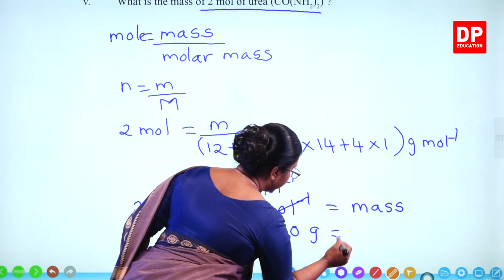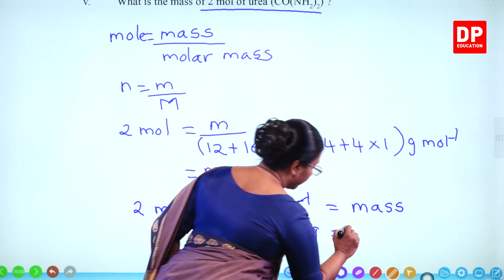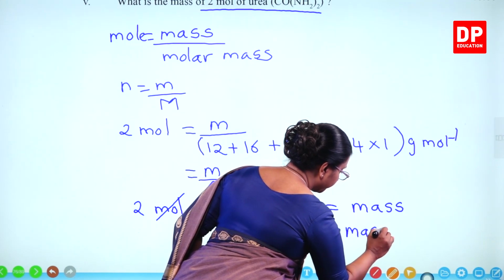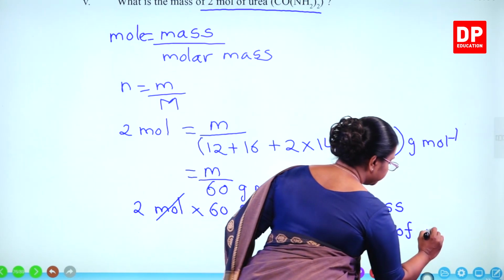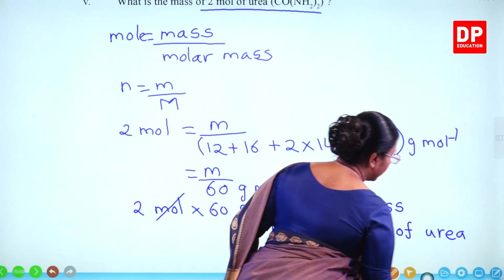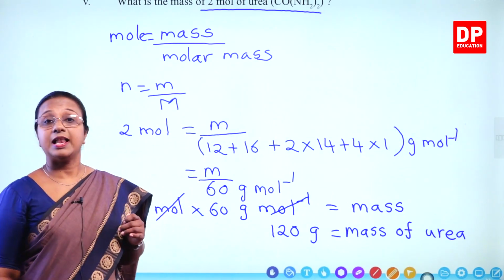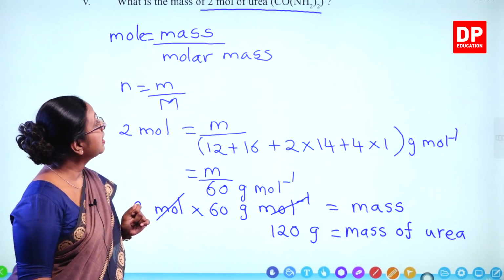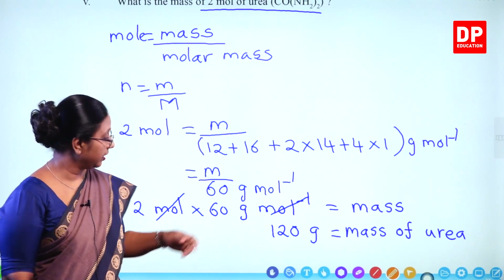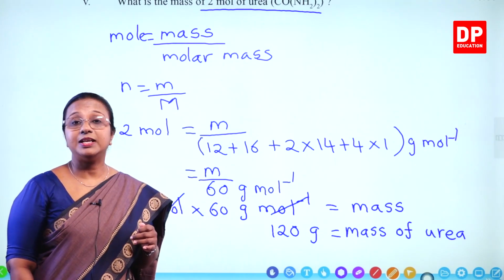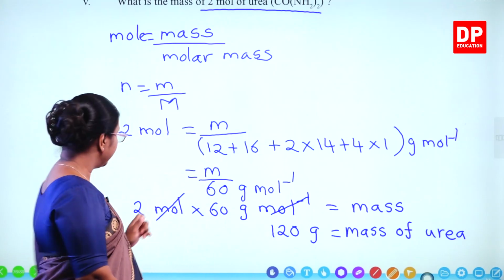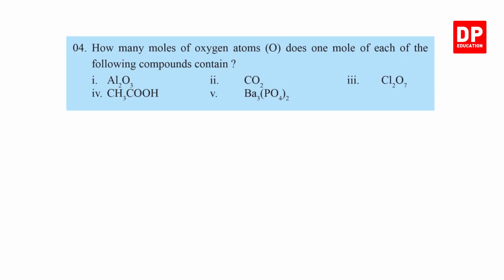You get the unit as 120 gram. So mass of urea. That is what we had to calculate. What is the mass of 2 mole of urea? It's 120 grams. With that, I will move on to the next one.